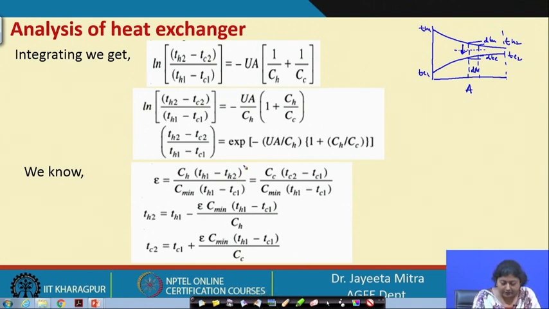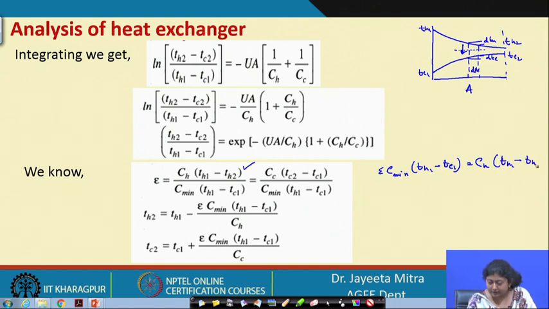So, considering this one, we can write effectiveness into C minimum into Th1 minus Tc1, this is equal to Ch into Th1 minus Th2.